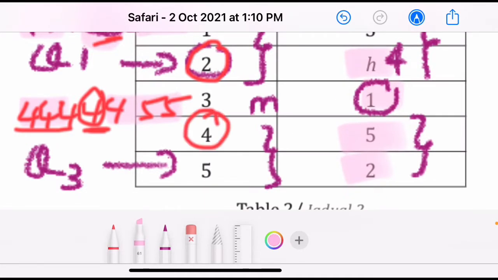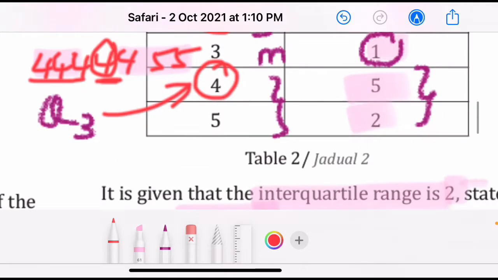I will take 4 minus the Q1. Q3 is 4. The interquartile range is Q3 minus Q1.